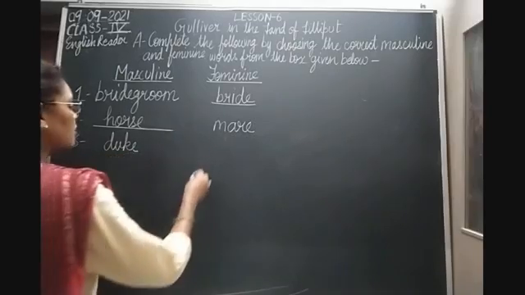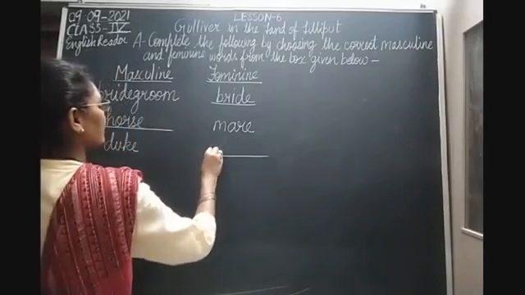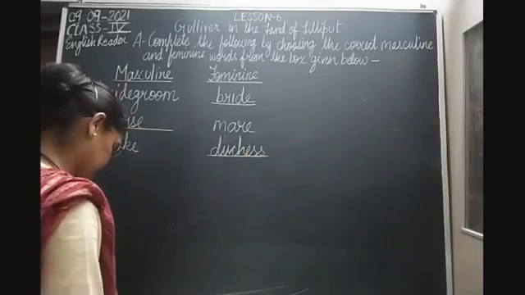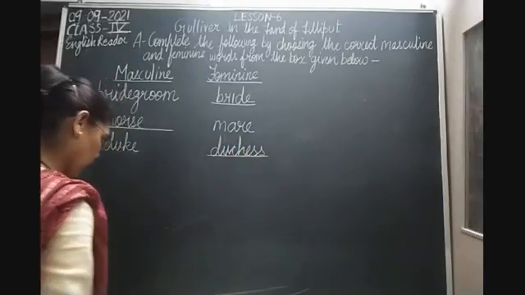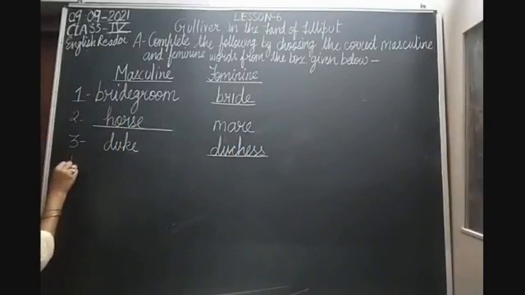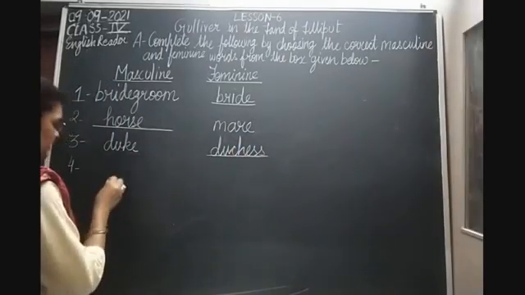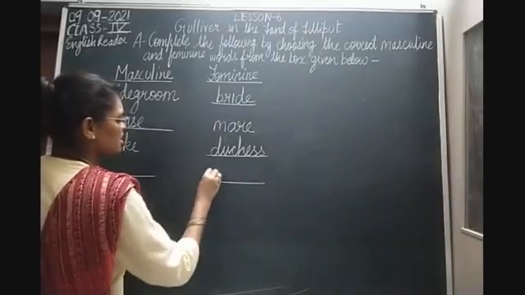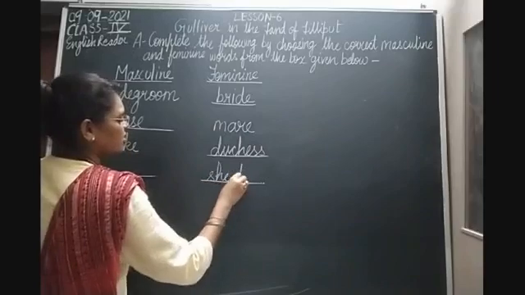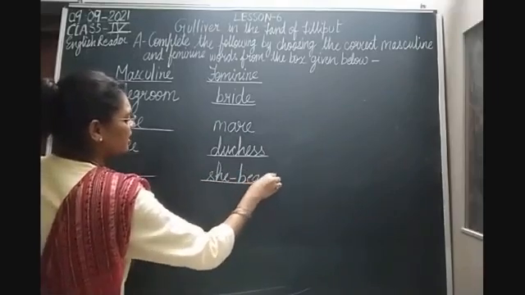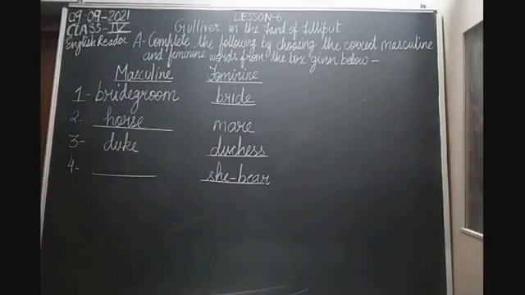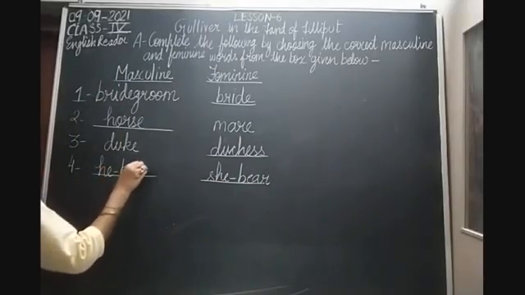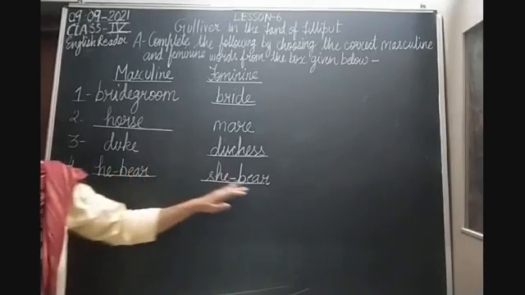And the opposite gender of Duke, to be written from the box, is Duchess. Duke, Duchess. Then the fourth, blank is given in the masculine gender, and in the feminine it is written she bear. So what will the opposite gender be? He bear. He bear, she bear.